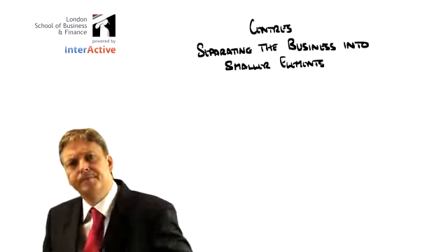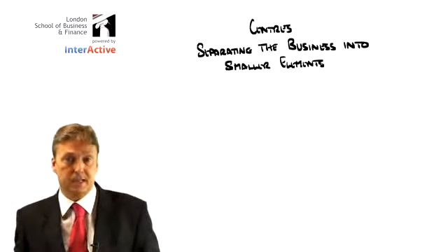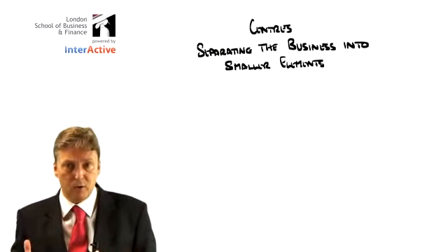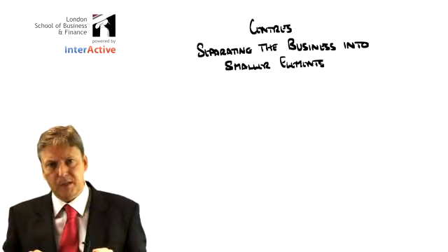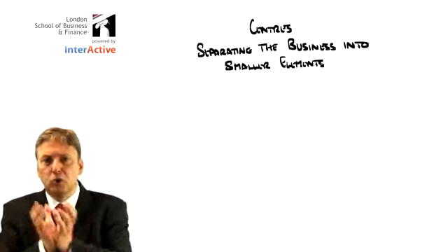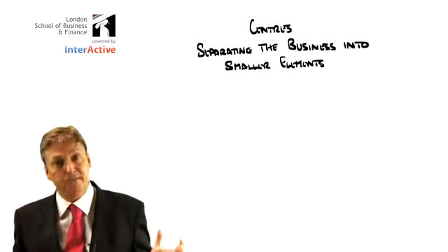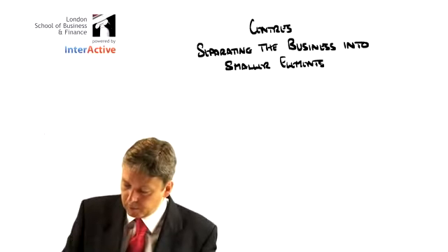Why do you think we do this? Well, yes, if you have a large business, it's very difficult to understand all the costs and revenues in relation to that business. So if we can break the business up into manageable chunks, that way we are better able to manage it. Now, we start at the lowest possible level.